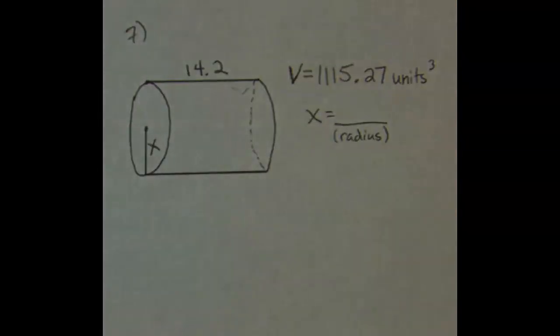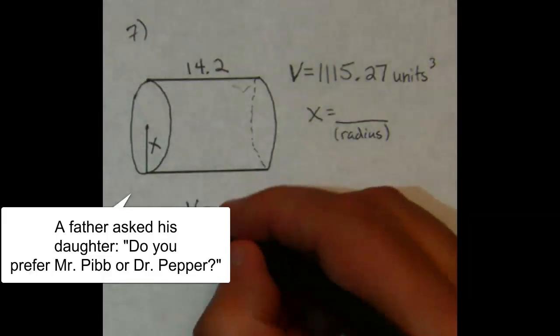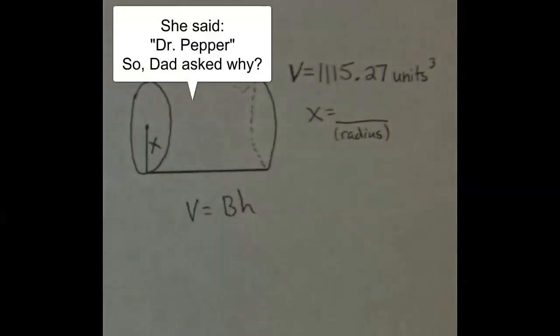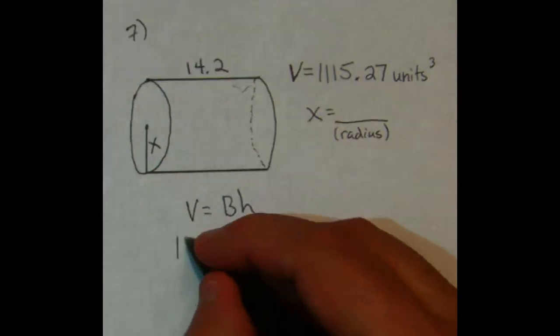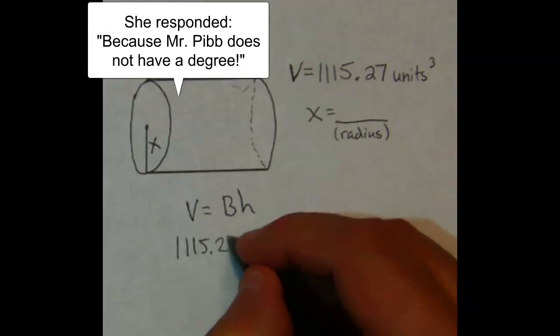And finally, our last problem will be number 7 on your assignment. You are going to find the radius of a cylinder with the volume given. So again, let's write down the formula. Volume equals base times height. Our base is a circle, and volume is 1,115.27.